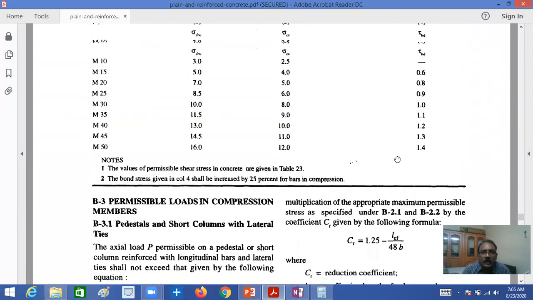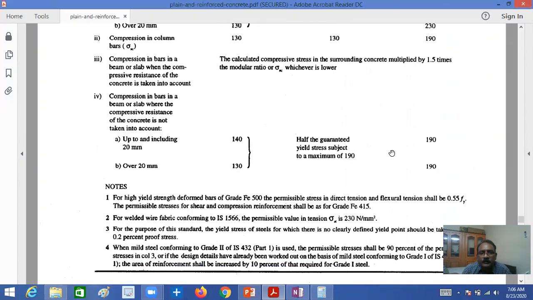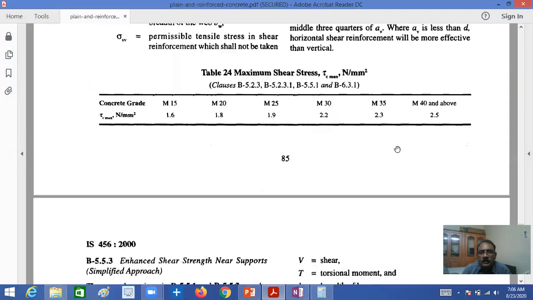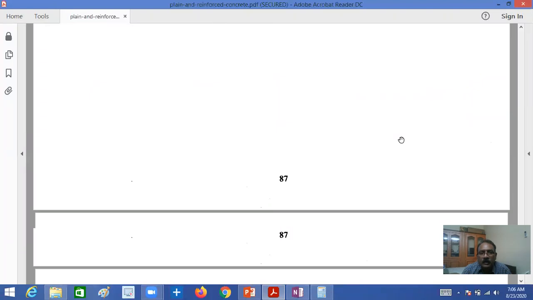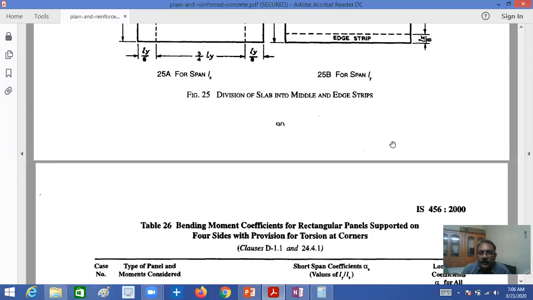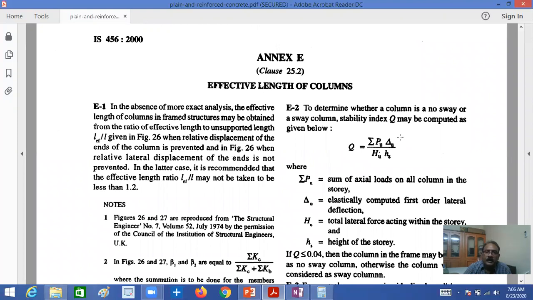If you see Annexure, this is the table, Annexure E. D is related to slabs. How you are going to calculate this effective length is given in IS 456 as per codal provisions.